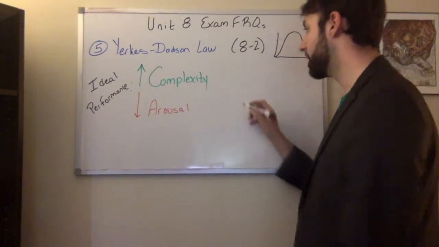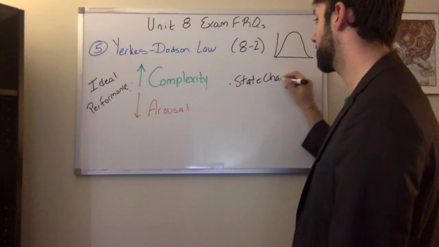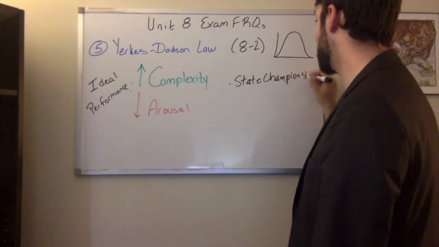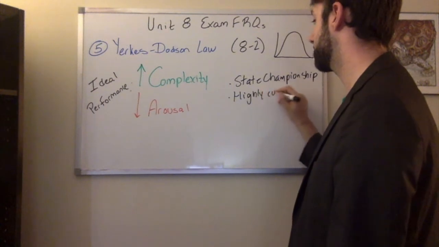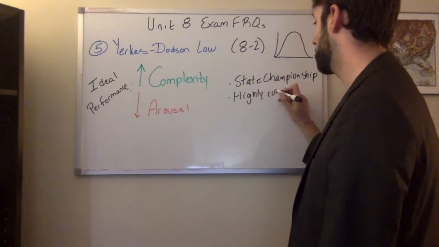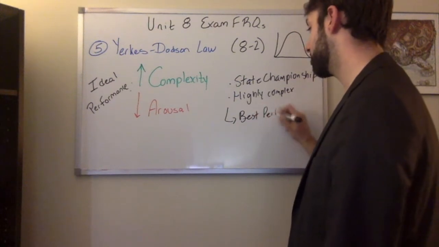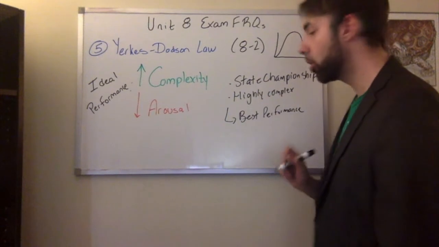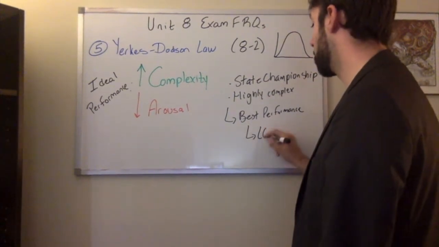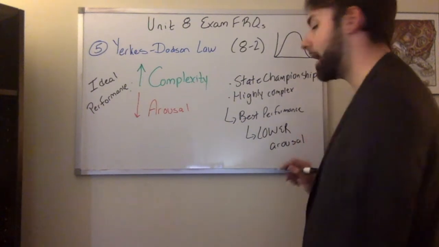So, for example, if you're playing in the state championship game, we are going to assume that's highly complex, which would mean your best performance, due to the high complexity, would occur if you had lower overall arousal, meaning you were cool, calm, and collected.